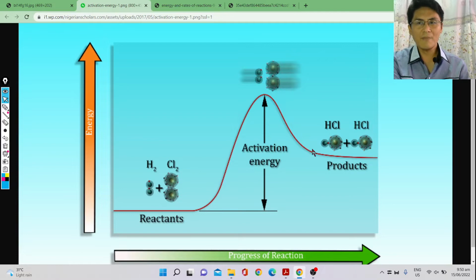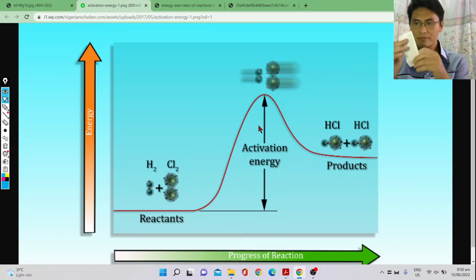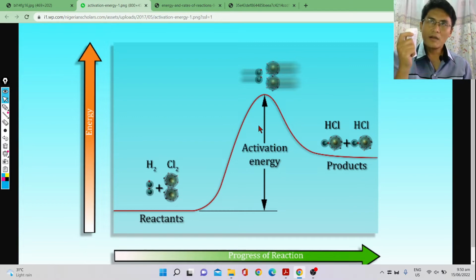Now, the best way I could assert that this is true is this idea that, for example, I have here paper, right? This is paper. And as you know, paper is a hydrocarbon, or primarily made up of hydrocarbon. And hydrocarbon reacts with oxygen in the air via the reaction combustion.